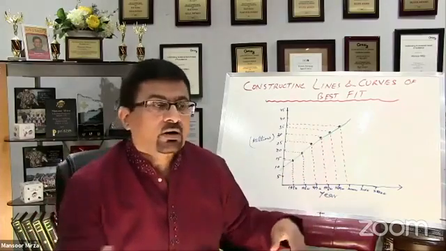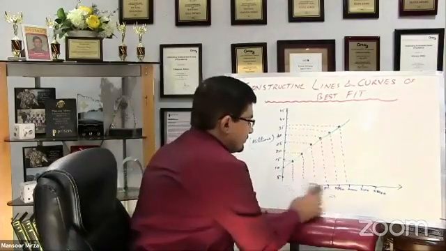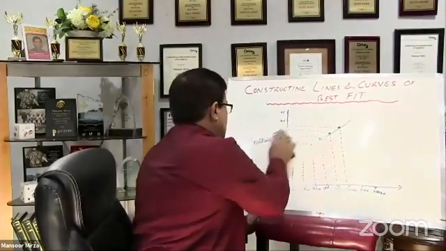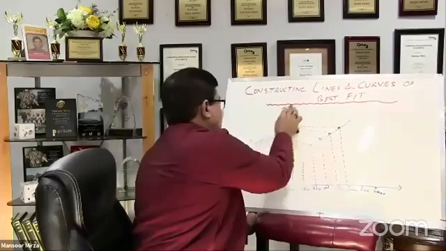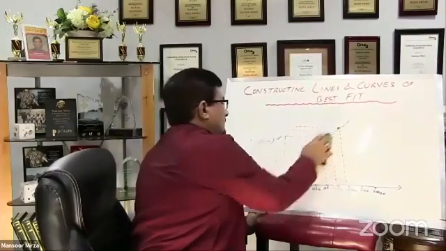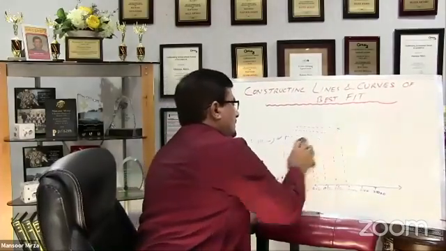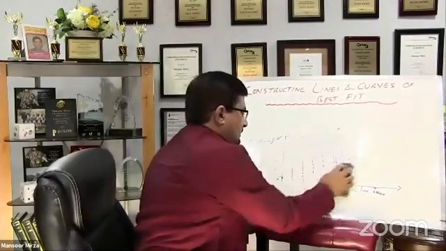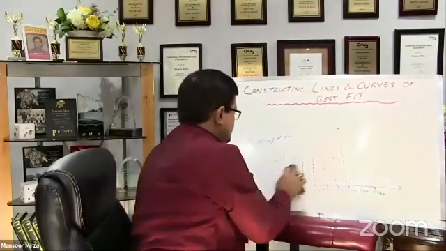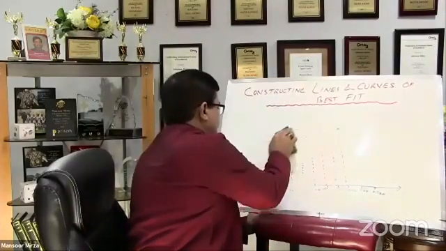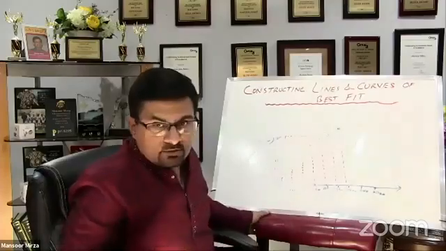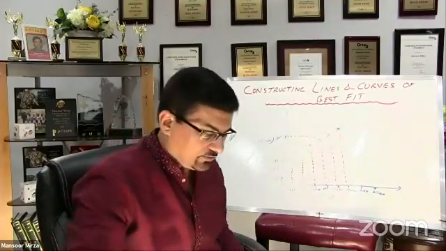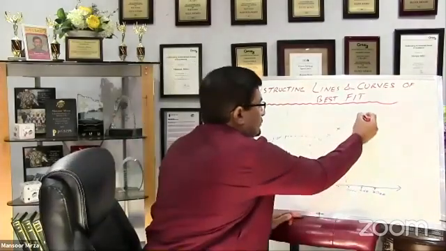So let me draw a curve now. Somehow this is not rubbing clearly, but I am going to draw this curve, and the curve is going to be like this.